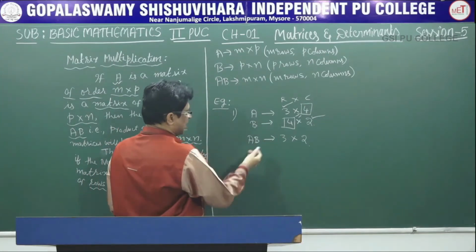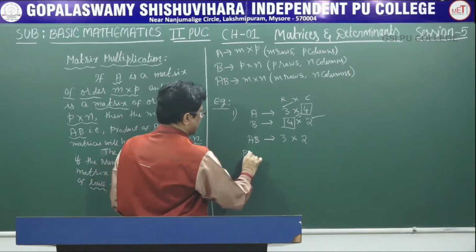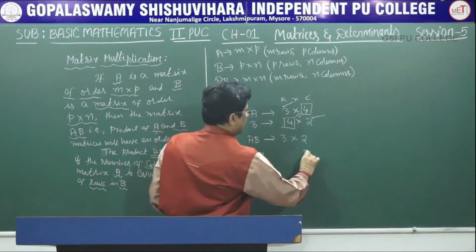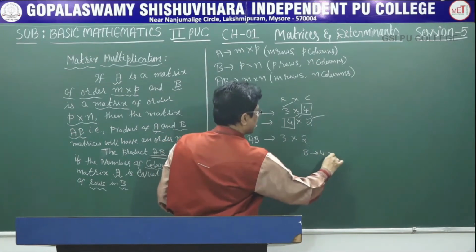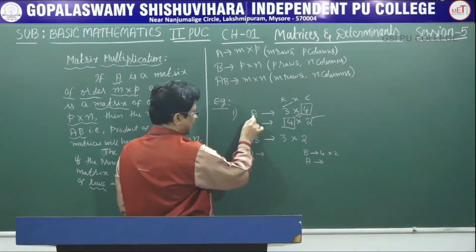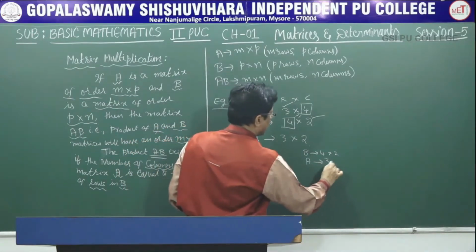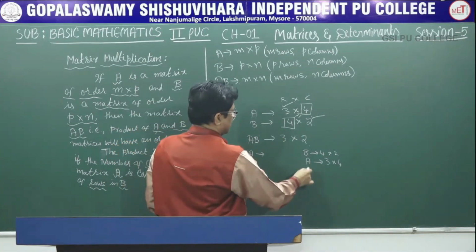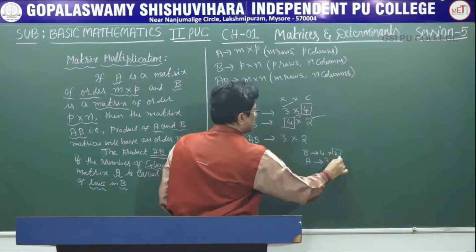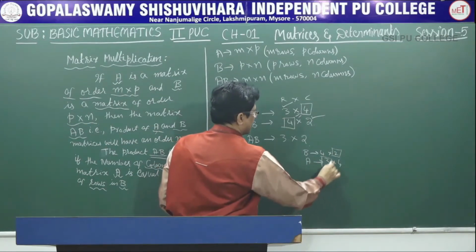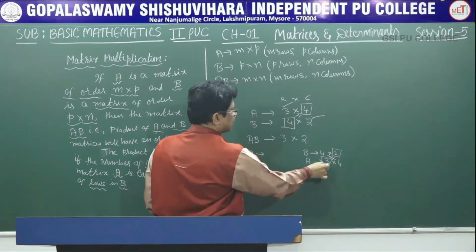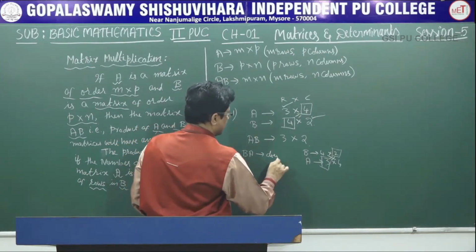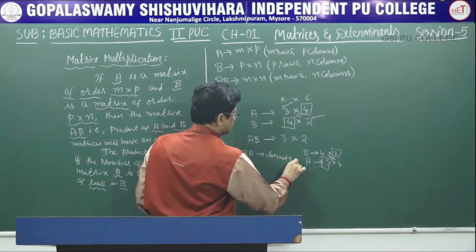In the same example, let us examine whether the product BA exists. So, B is of order 4 into 2 and matrix A is of order 3 into 4. Here if you observe, the number of columns in B is not equal to the number of rows in A. Therefore, the BA matrix does not exist.